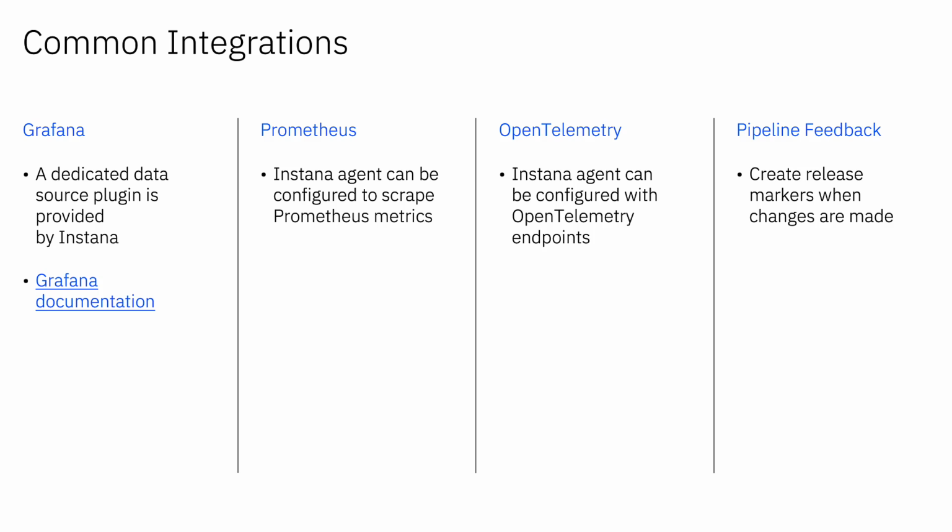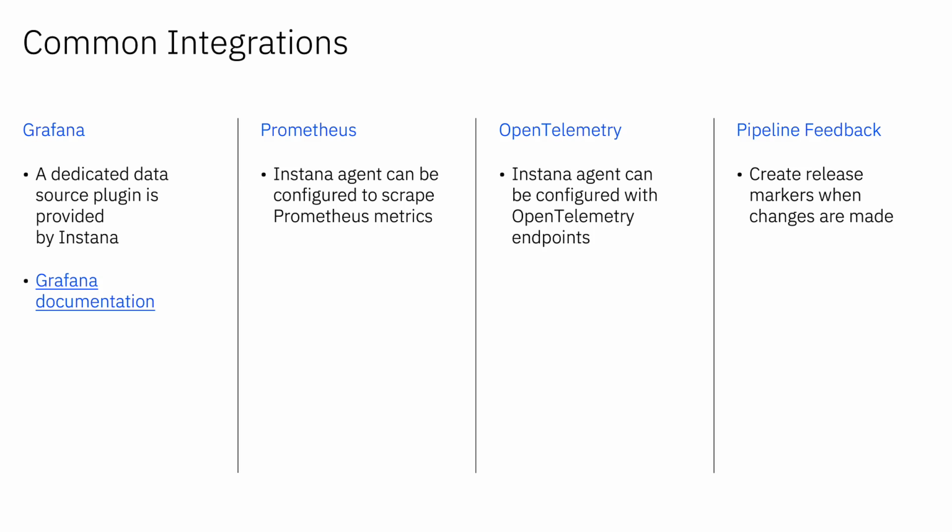So you can create very sophisticated dashboards joining the data from really different sources. And of course, Instana can be one of those sources. IBM provides the dedicated signed data source plugin that is available in the Grafana catalog. And you can easily add it and then draw the data from the Instana backend to create the dashboards in Grafana.